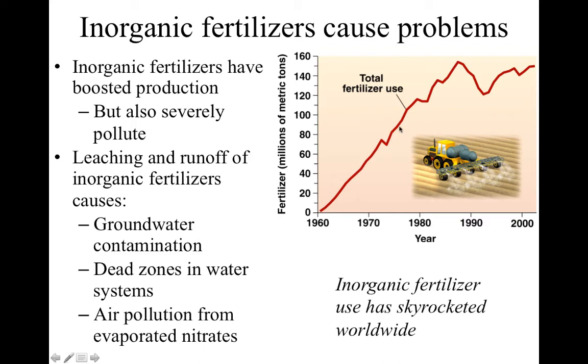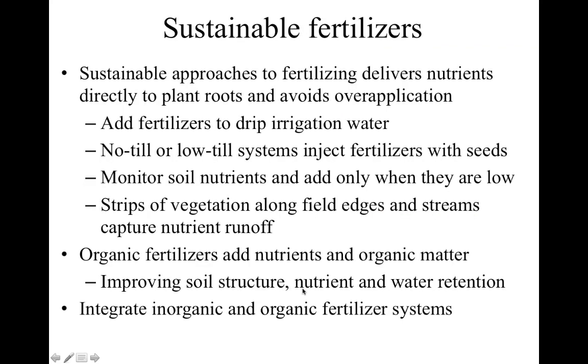But then things got better, and the use of fertilizers has actually increased dramatically. Looks like maybe in the mid 80s, that's when people were starting to become a little bit more concerned about environmental things. So there was a decrease, but if you look, it's actually going back up again. And so we are still using more.